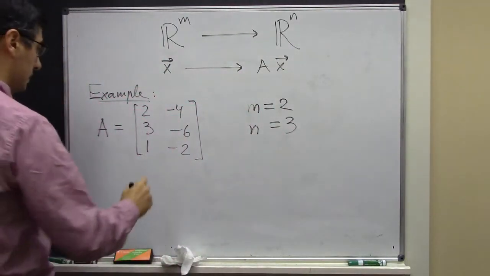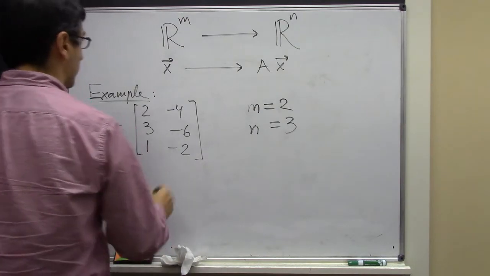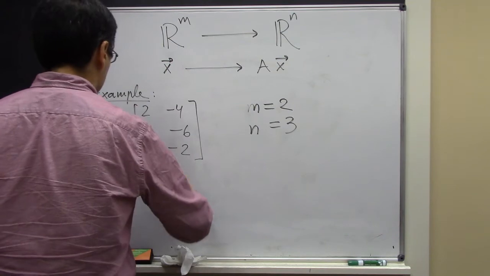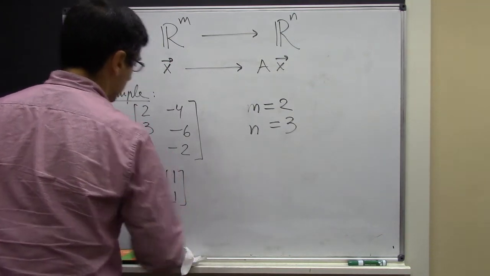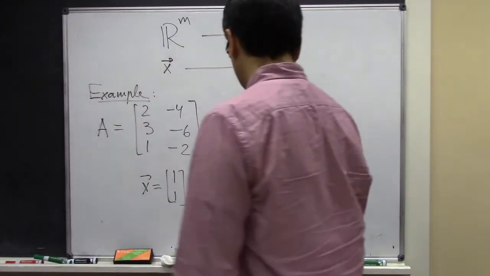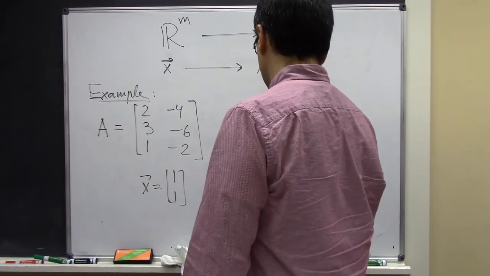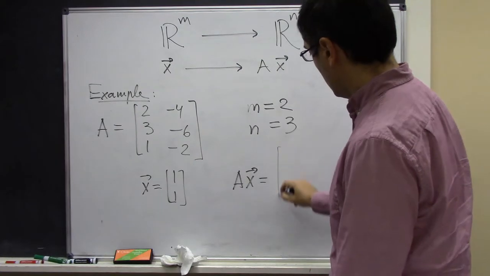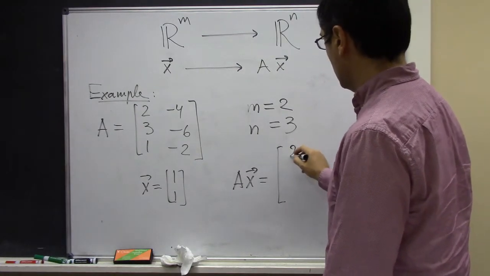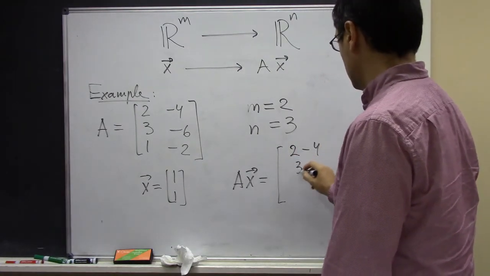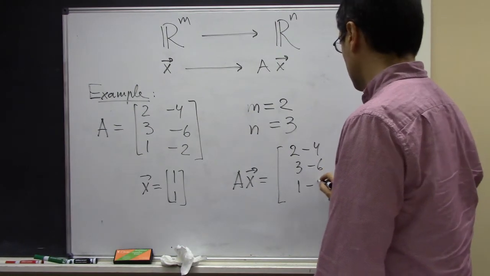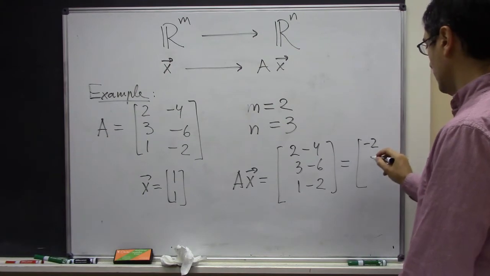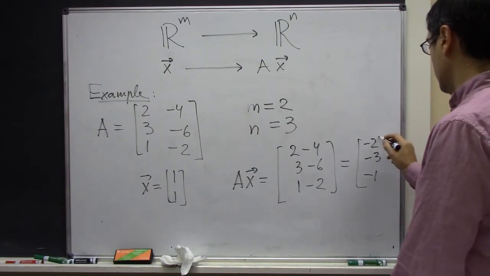And for every vector, let's take x to be 1, 1, if you want. This is an example of a vector. Then Ax is equal to the following vector: 2 minus 4, 3 minus 6, 1 minus 2. This gives you minus 2, minus 3, minus 1.